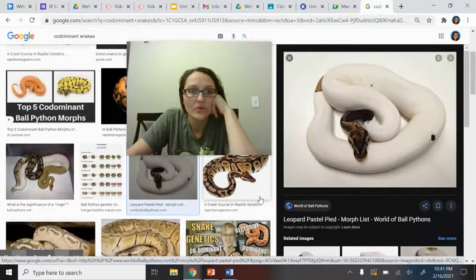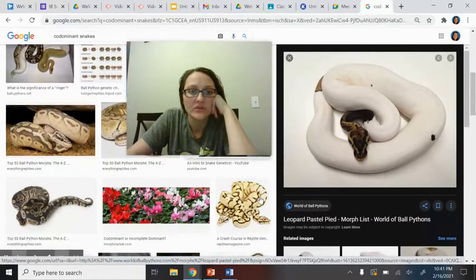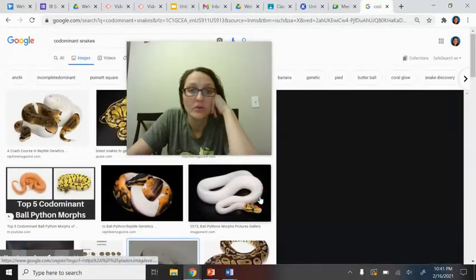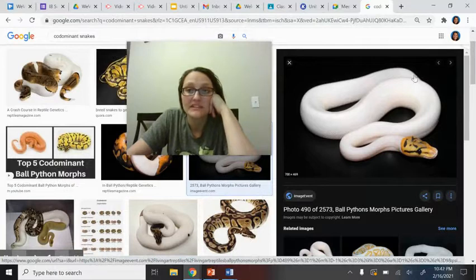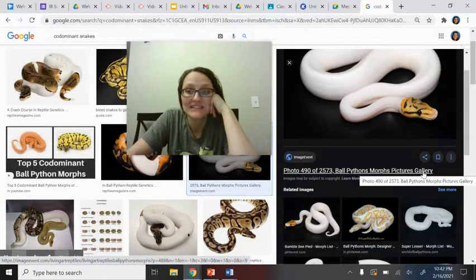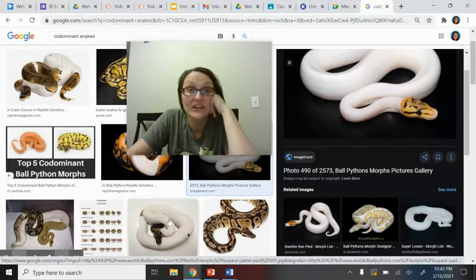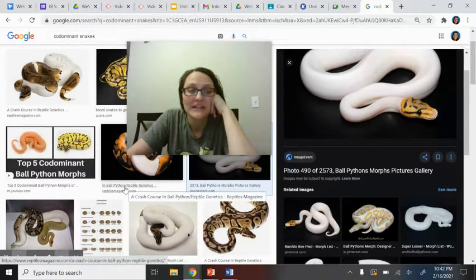It's just so cool. They have so many cool, oh, that one's really neat. So this one's albino except for the head, and then the head inherited all of that pattern. So cool. Oh my goodness, there are so many neat codominant patterns.